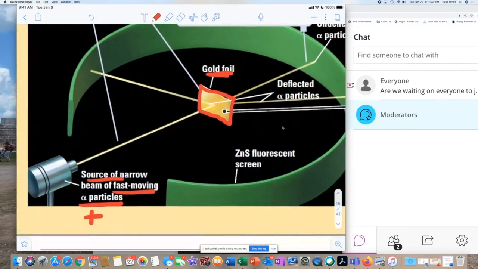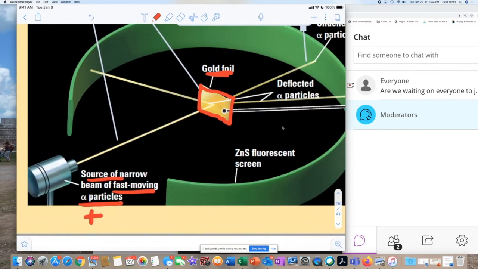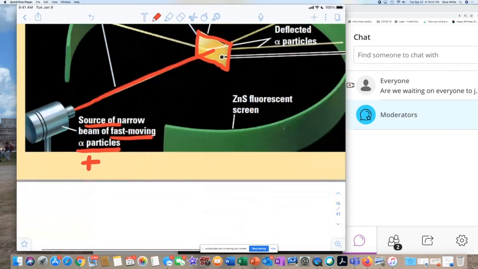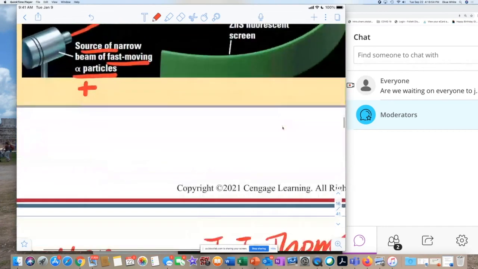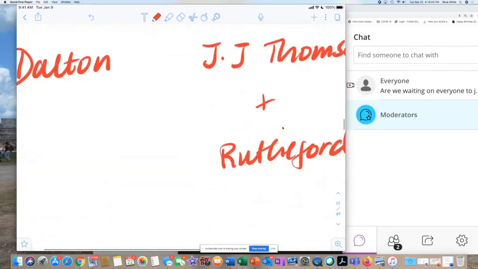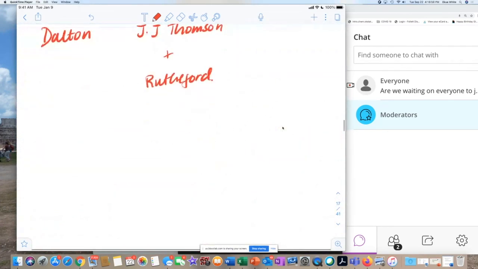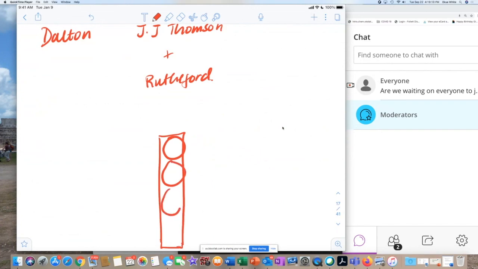So he was thinking, if my friend JJ is correct, then these positive beams, as they travel through the gold leaf, by the way, remember the gold leaf is very thin and very tiny. If you look at the cross section, this part is very important. The cross section of the gold leaf, he picked a leaf, a foil, also called leaf, that was so thin, it was like one layer of atoms thick.